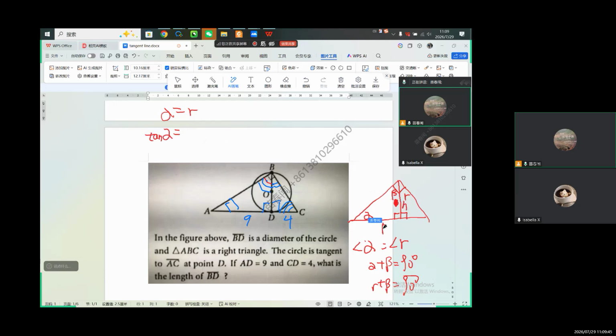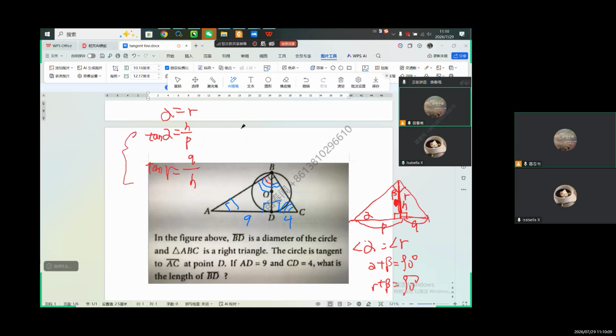This one is p, one segment, and the other part is q. So tan alpha is h over p. On the other hand, in this right triangle here, I can also find tan gamma is q over h, right? Is that making sense?